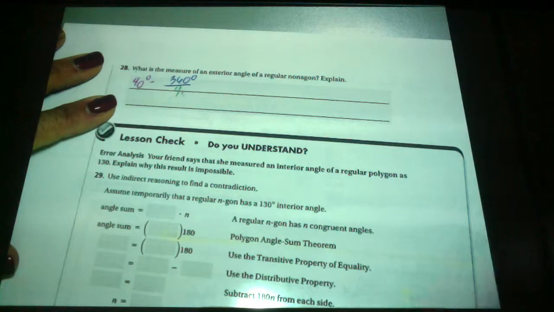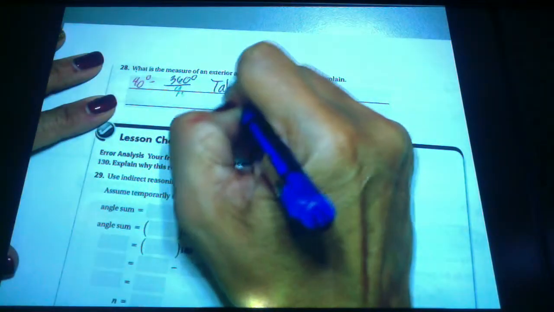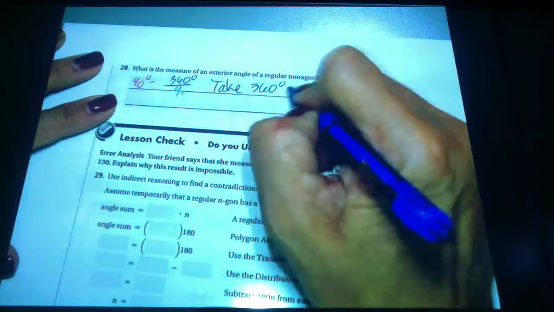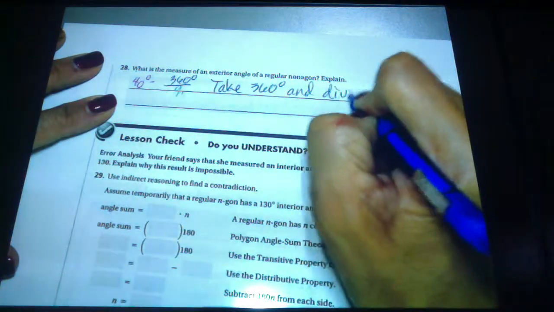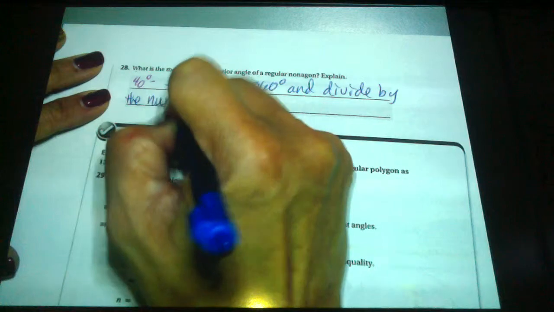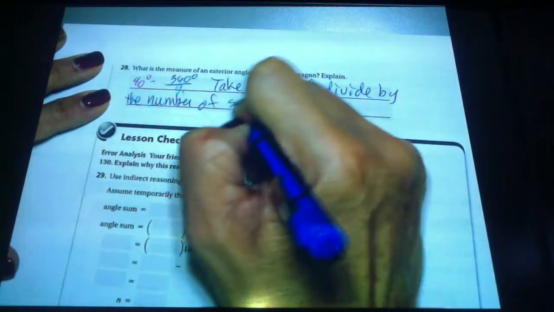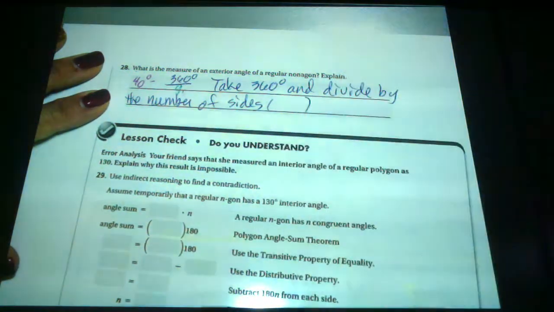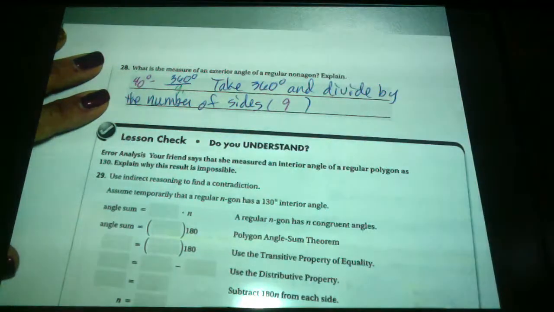So in words, take 360 degrees and divide by the number of sides. And in this case, the number of sides was 9.